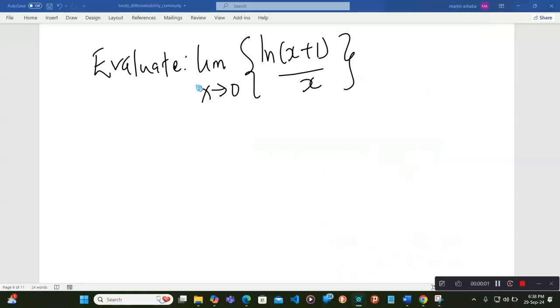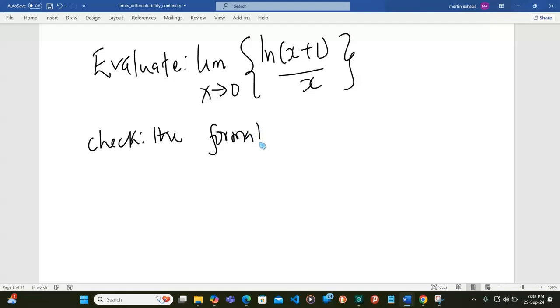So we have a problem to evaluate the limit of natural logarithm of x plus 1 divided by x as x tends to 0. Let us first check the format of this kind of problem.